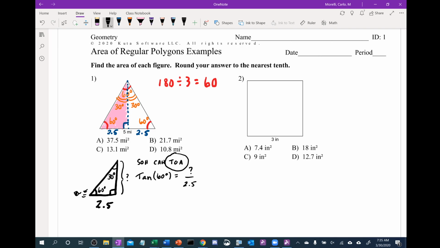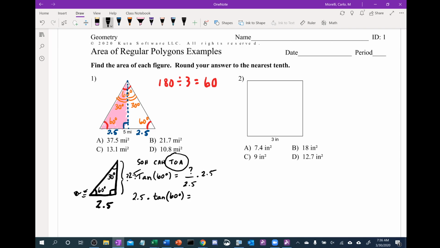Okay, so in order to find that opposite side, I just multiply both sides by 2.5. And I find out that my missing side, or my height, is 2.5 multiplied by the tangent function for 60 degrees.